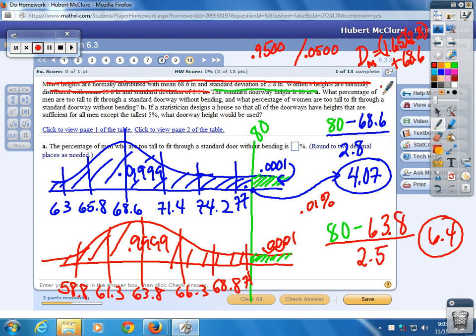Somebody crank that out for me. 73.22. So they would make a door with a height of 74 inches. I doubt very seriously they'd make a door 73.22 inches. They either make it 73 inches or 74 inches.